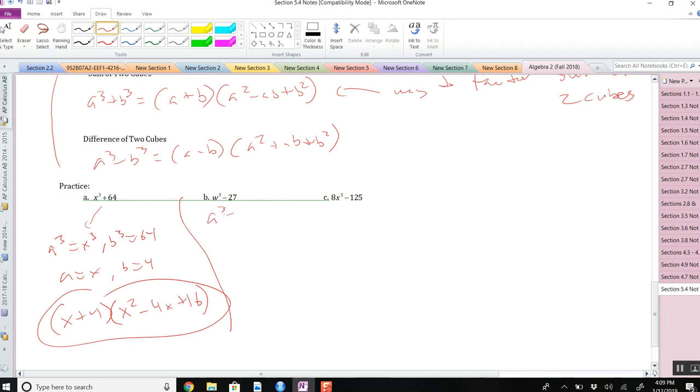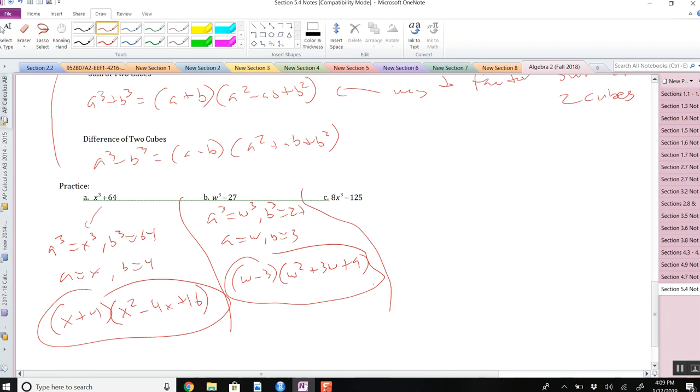Again, A cubed is W cubed, B cubed is 27, A is W, and B is 3. W minus 3, W squared plus 3W plus 9. That's just using the difference of two cubes right above. And likewise again, 8 and 125 are perfect cubes. A cubed equals 8x cubed, so A is 2x. B cubed is 125.